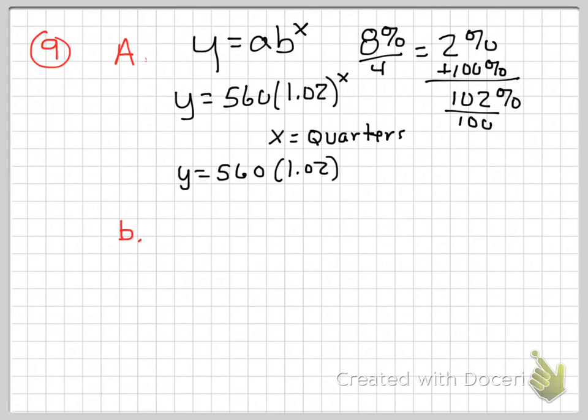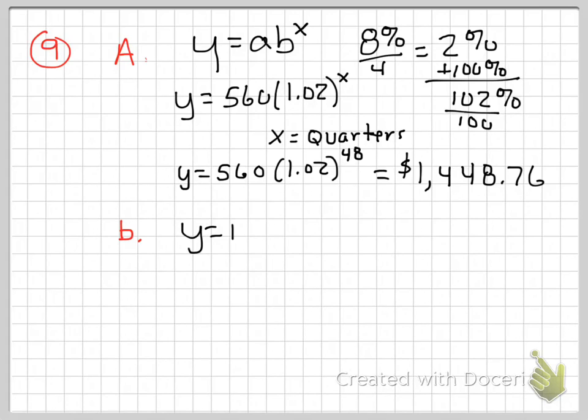Well, in 12 years, there's going to be how many quarters? There's going to be 48 quarters, I believe. 4 each year for 12 years, 48. When I do that, it turns out to be $1,448.76.